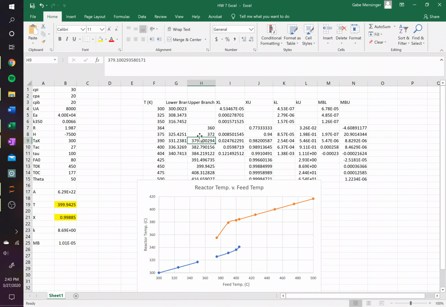Let's go a little higher. Let's try 405. And we'll leave that basically the way it is. All right, and I see now I'm not getting a solution. So 404 works, 405 is too high.